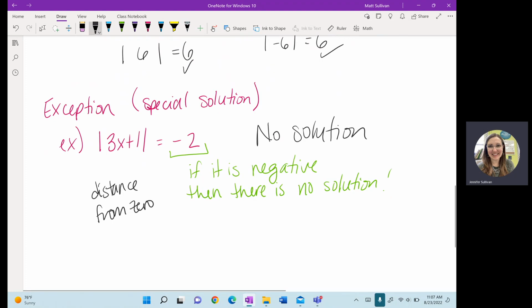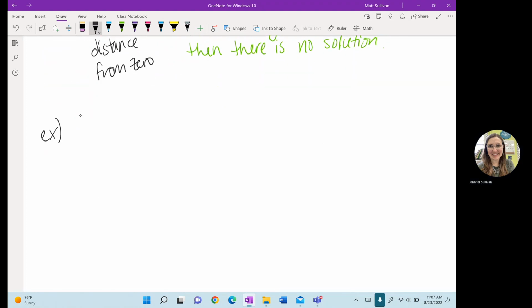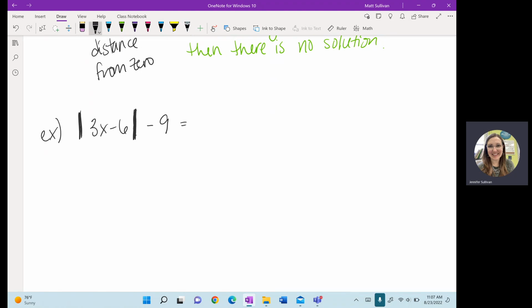But they can kind of trick us up a little bit, because take a look at this one. If I give you the absolute value of 3x minus 6 minus 9 outside of the absolute value, okay? Check this out. It's on the outside of the absolute value. And if I'm setting this equal to -3, I'm going to clue you in that just because I see a negative number right here, that's not telling me no solution right now.